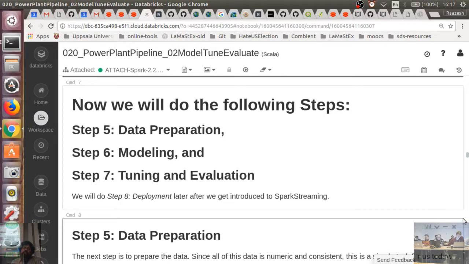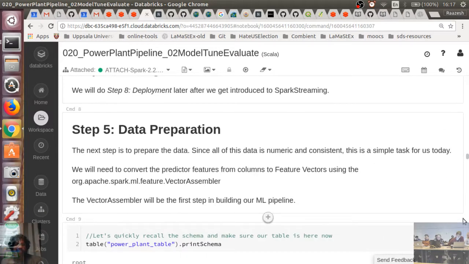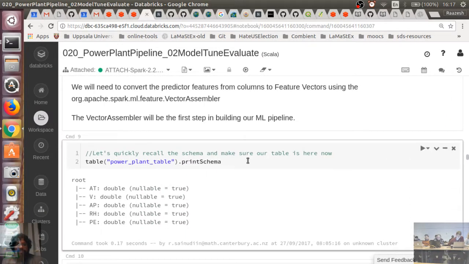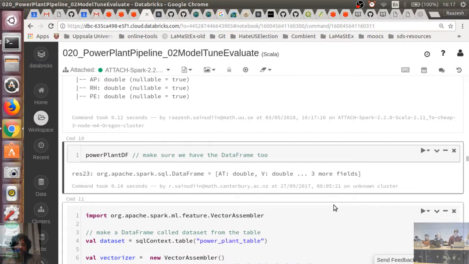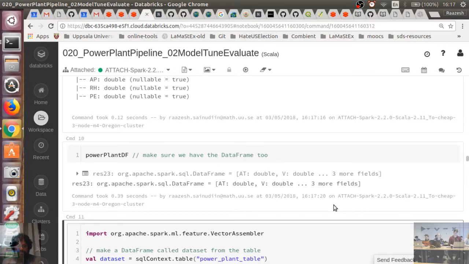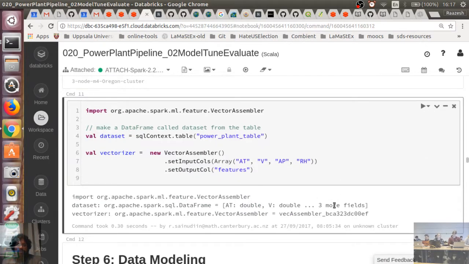So we'll do data preparation, modeling, and tuning and evaluation first, and then finally we'll do deployment. Now, let's make sure this table is here. Yeah, it's still there, and my data frame is still there. Okay, good. So now what I'm basically doing is making a data frame called dataset from the table. This is just going back to a data frame from the table.